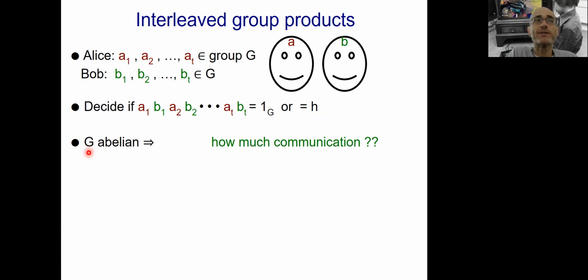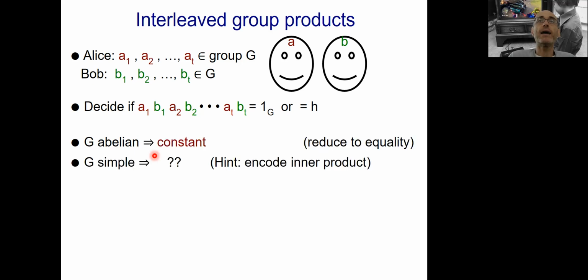So let's first consider the case in which G is abelian. Then how much communication do you think this needs? Think about it. In this case, the communication is constant. I allow randomization in the model, so you can just reduce to equality, right?